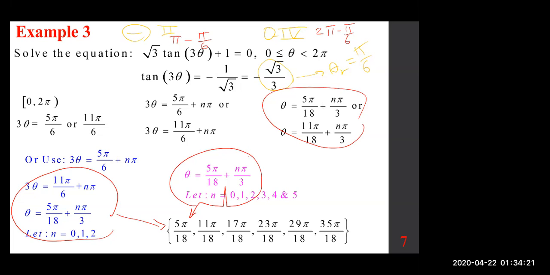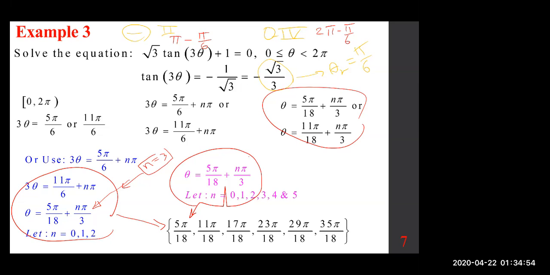I want you to know what happens if you pick a larger number for each case, especially for the larger one. If you pick n equals 3 and you plug it into this, I hope you see what you get. You get 3 times pi over 3, so you're adding another pi, and it will go beyond the number that you are interested in.